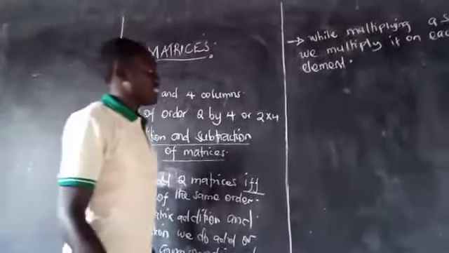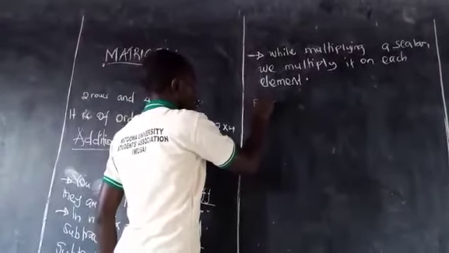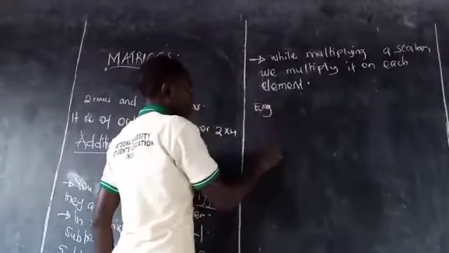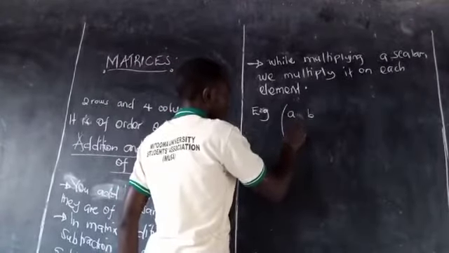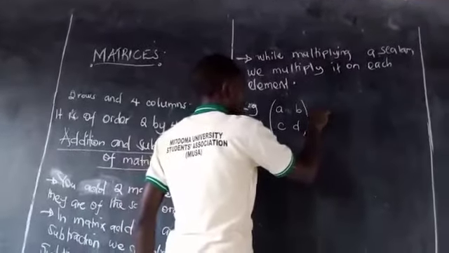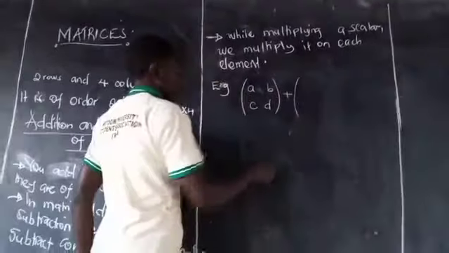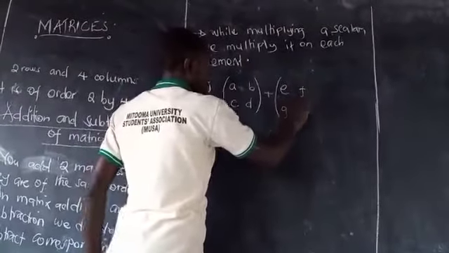I can illustrate this by saying, for example, if I have matrix A with elements a, b, c, d, and I'm adding matrix B, given by e, f, g, h.